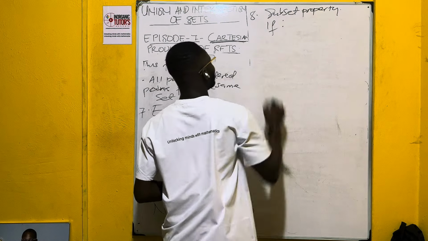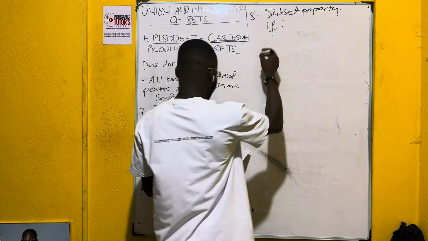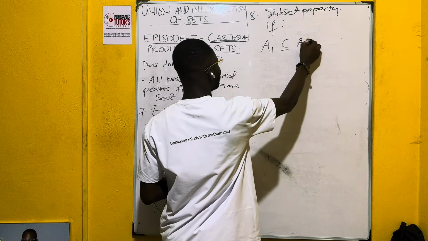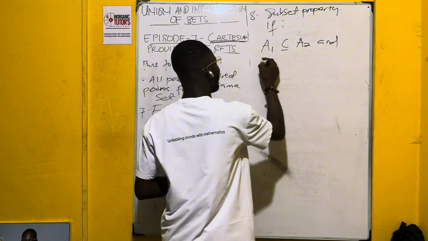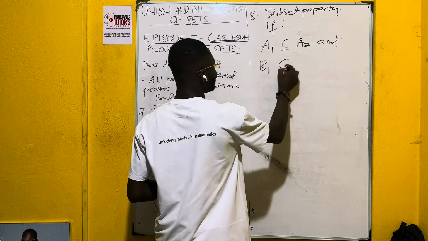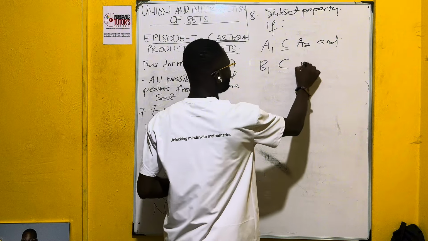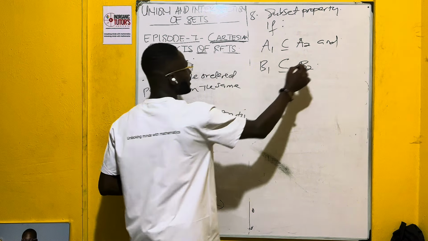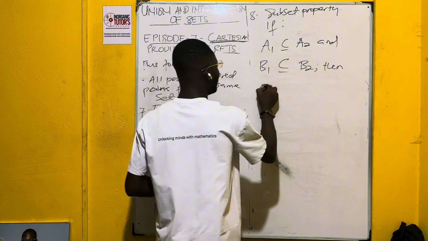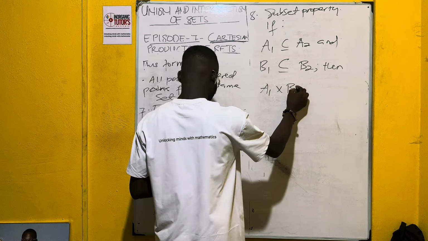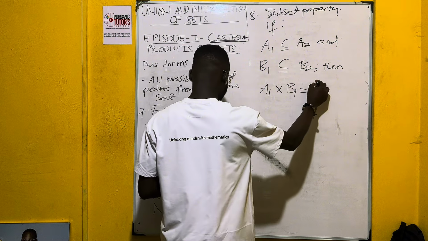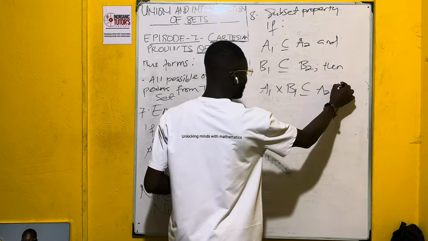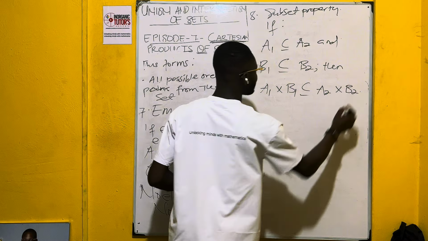So let's say we have a set A1 that is a subset of A2, and we have a set B1 that is a subset of B2, then we can say that A1 cross B1 is a subset of A2 cross B2.